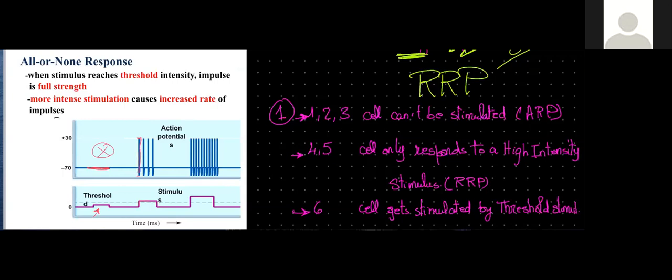Yes. What if I get stronger than threshold? Would I get an action potential? Yes. What's the difference between the action potential that you get with a threshold stimulus and the action potentials that you're going to be creating with a higher intensity stimulus? Is there any difference between the two action potentials that you're creating?